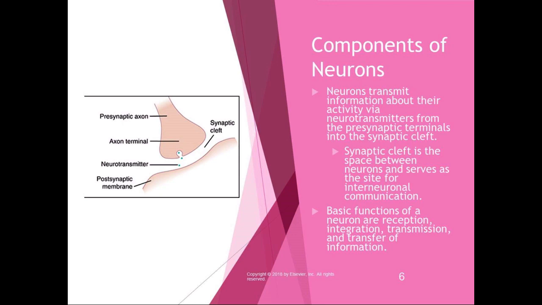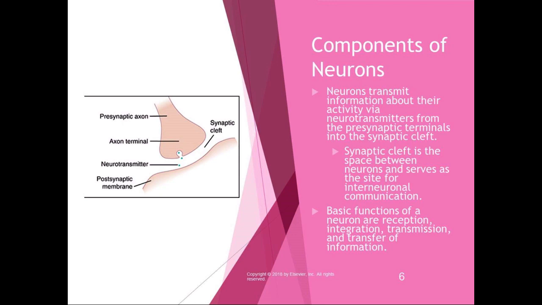The postsynaptic terminal is the receiving end of interneuronal communication. So the postsynaptic terminal might be on the dendrite of another neuron. It might be on the soma of another neuron. It could be on the axon of another neuron, or it could be a muscle cell or gland that's going to respond to this information that the neuron is sending.